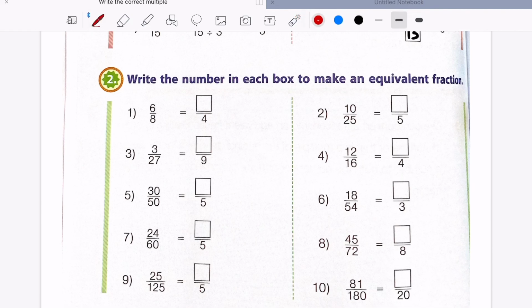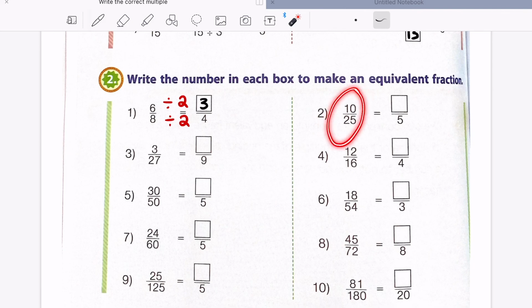Remember, 8 divided by what is equal to 4? Whatever we do to the bottom, we have to do to the top as well. 8 divided by 2 is equal to 4. So 6 divided by 2 is equal to 3/4.